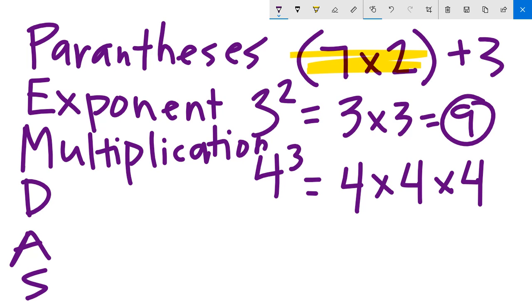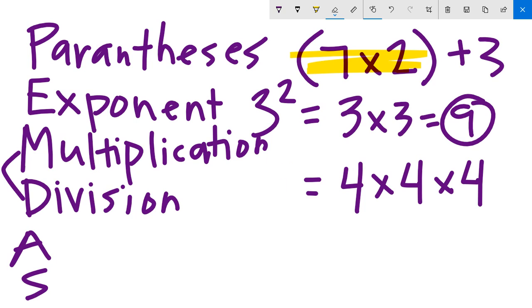The next one is division. So let's take a look at these two. In my class, we talked about how these two are best friends. So whatever you see first is what you're going to do. I'm going to erase this real quick so we have some room to show you.